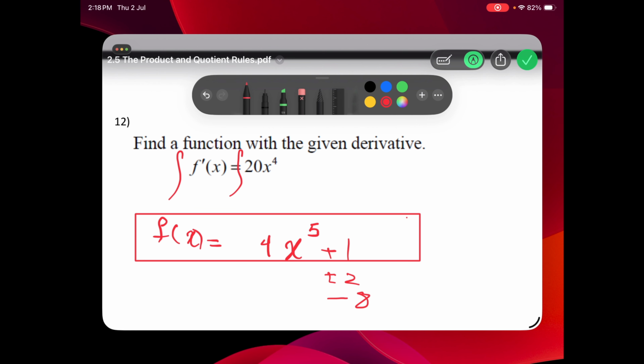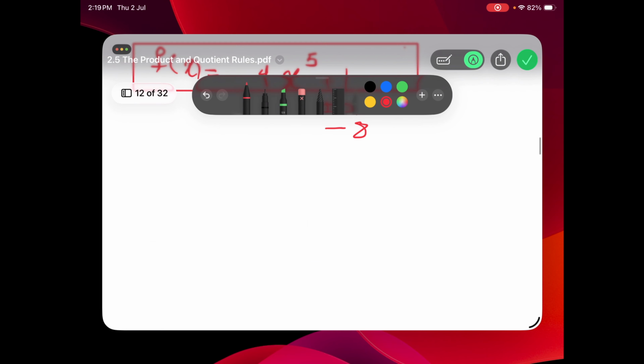So there are infinitely many answers for this. The question says find a function, so we need one of them. So 4x to the power 5 plus 1 is fine, or 4x to the power 5 plus 2 or minus 8. All possess the same derivative.